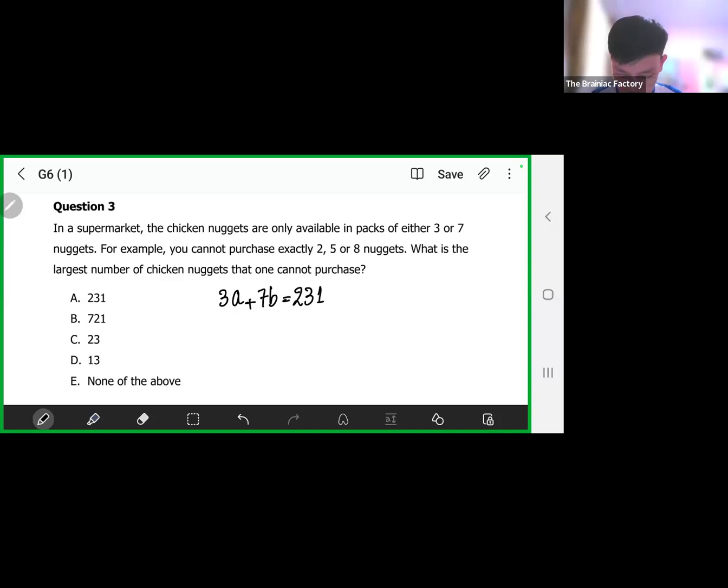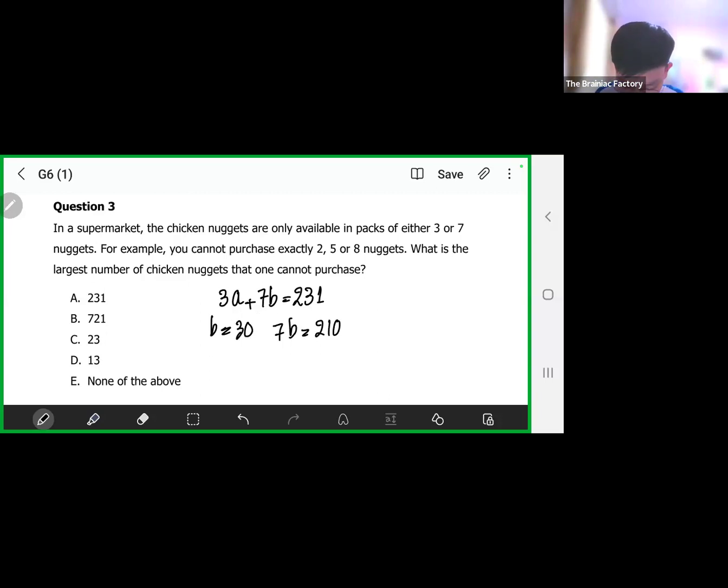So let's just guess if we are not experts in this type of question. Let B equal 30, so that 7B is equal to 210.